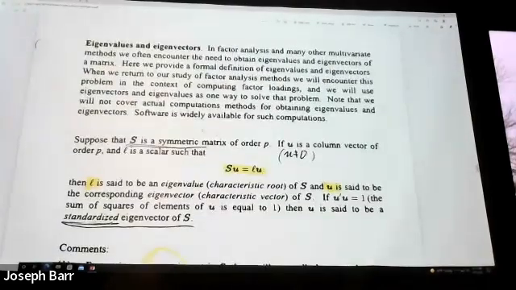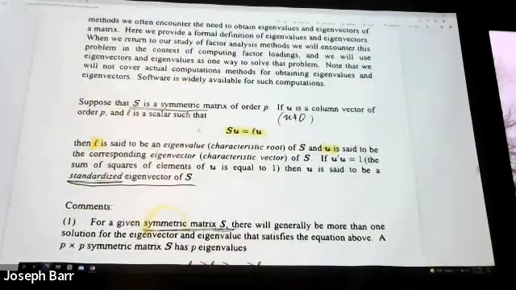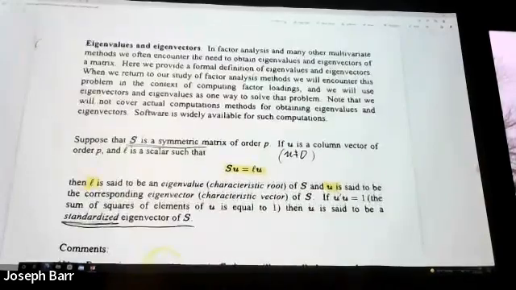Now let's look at eigenvalues and eigenvectors. We're going to use them today. So what's the definition of eigenvalue and eigenvectors? First, you have to have a symmetric matrix. Suppose it's called S. S is the symmetric matrix of order P, so that means it's P by P. And U here is a column.